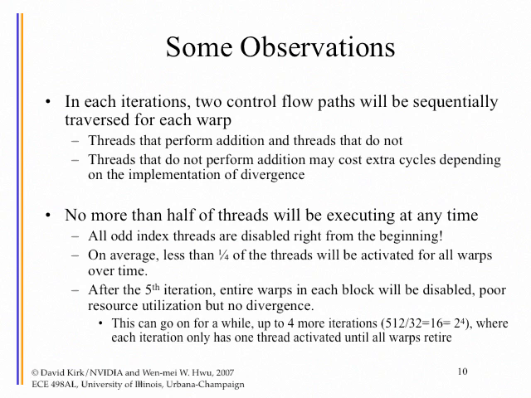What's really happening is each warp will be executing in a kind of handicapped way. All of them will make slow progress, but all of them are making progress in a handicapped manner. On average, less than 1/4 of the threads will be activated for all the warps over time.